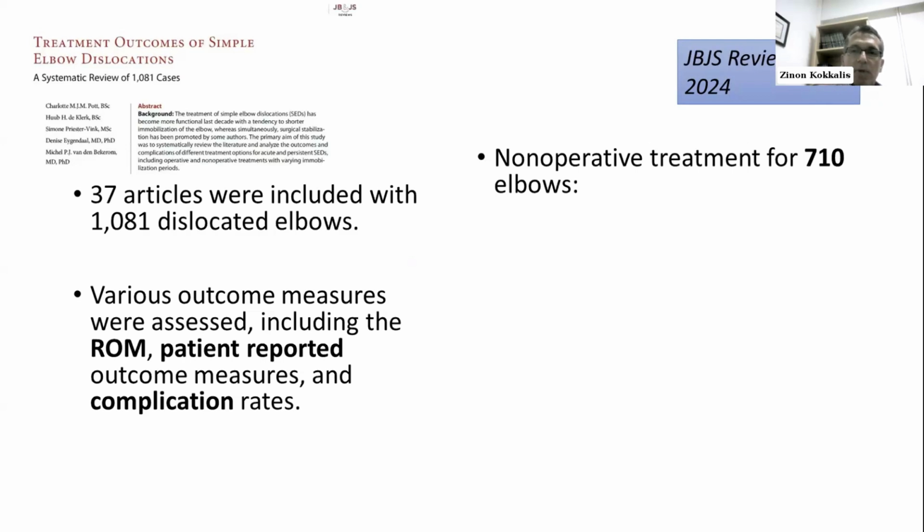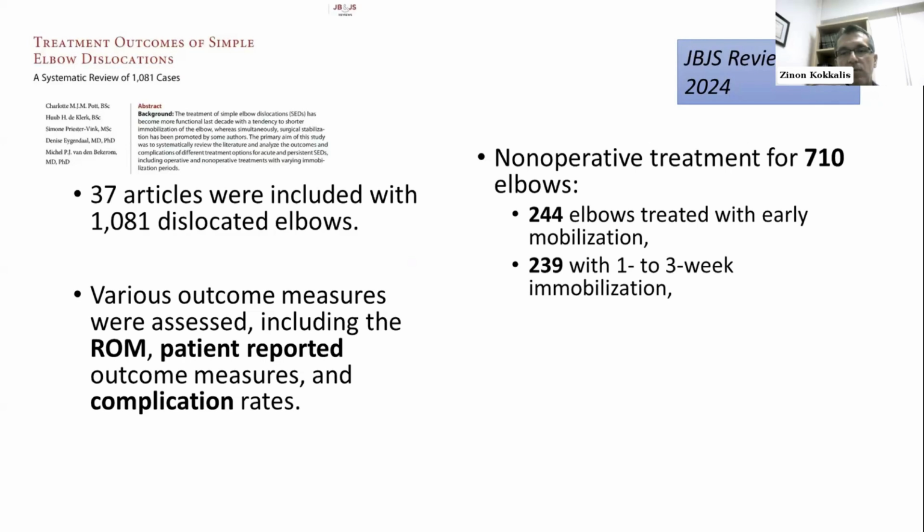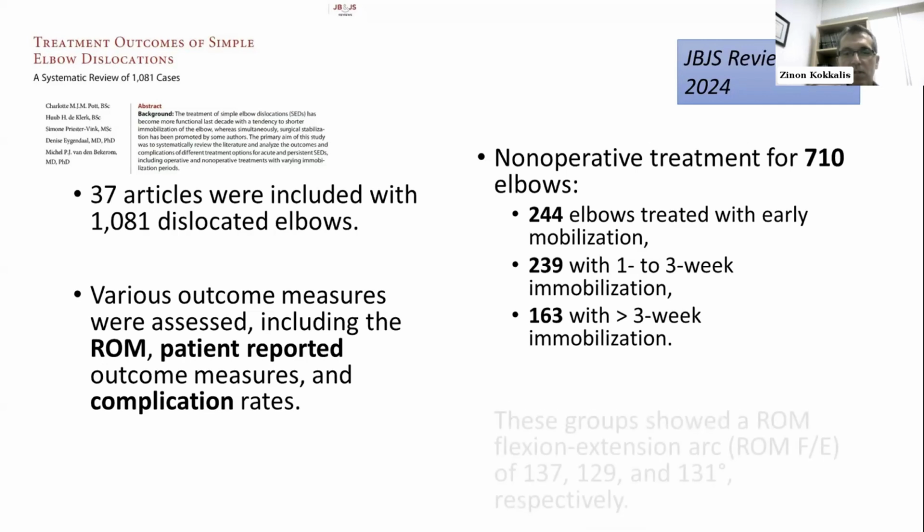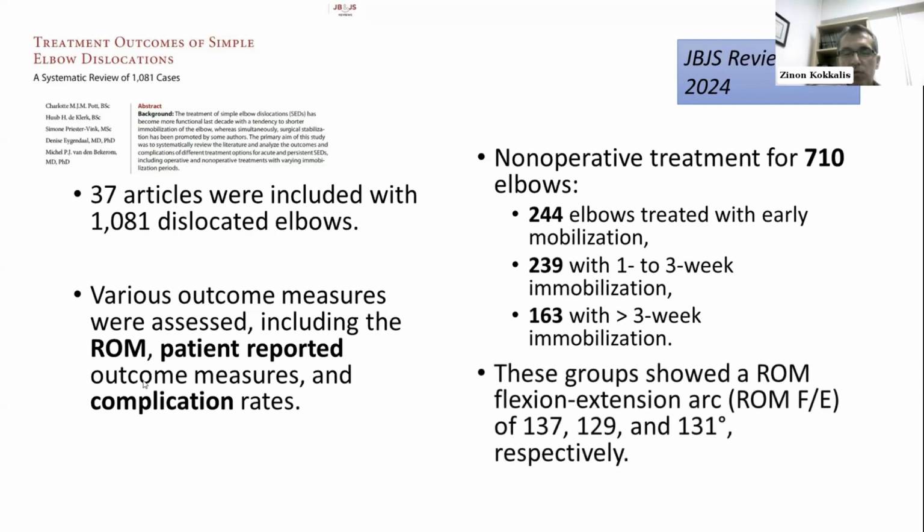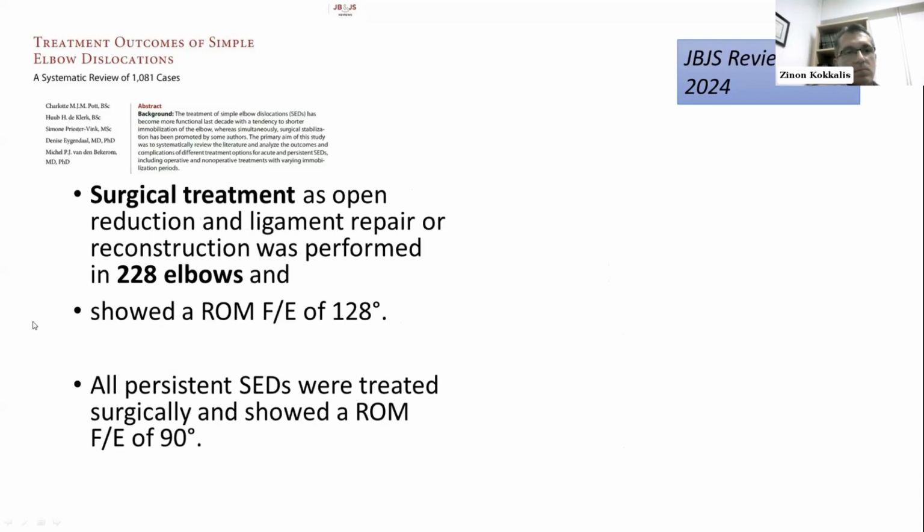In this study, non-operative treatment was done for 710 elbows: 244 elbows treated with early mobilization, 239 with 1 to 3 weeks immobilization, and 163 with more than 3 weeks immobilization. These groups showed a range of motion of 137, 129, and 131, respectively.